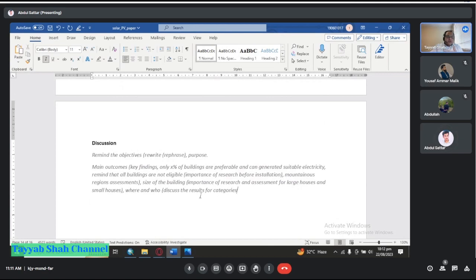When we talk about size in the results, it is one thing, but here in the discussion we use size in terms of affordability and what kind of population groups we are thinking of. The discussion is about how we can use the results and how you interpret them, not using the same terminology as in the results.